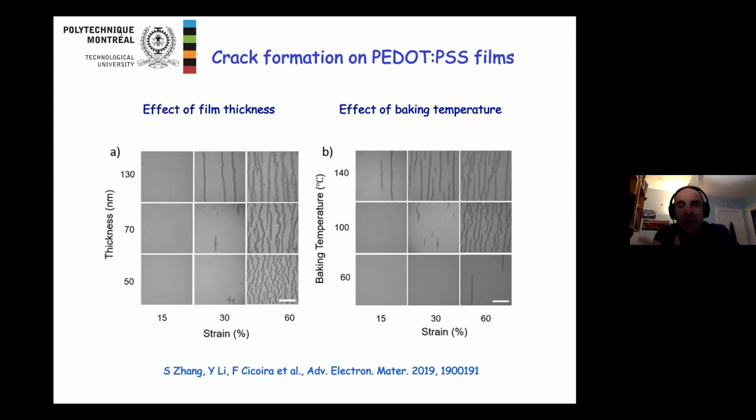I didn't talk about this, but when we deposit PEDOT:PSS films, since these are water suspensions, we need to heat at about 100 degrees to remove the water. And what we observed is that if we keep this temperature as low as possible, we can also reduce the cracking that happens when we stretch the film.